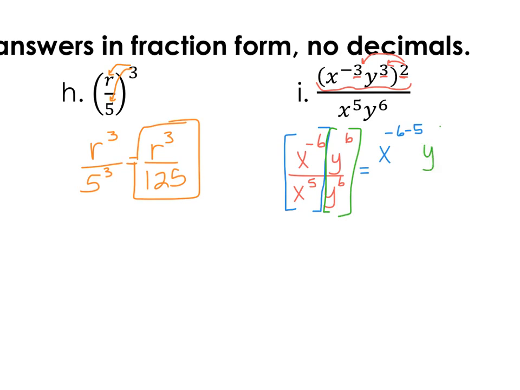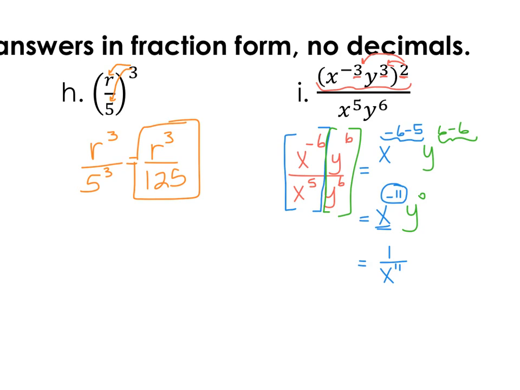Y to the 6 minus 6. Well, if we simplify, negative 6 minus 5 is x to the negative 11, while y to the 6 minus 6 is 0. If you have a negative exponent, we have to take the reciprocal of x. So that's going to put us at 1 over x to the 11th.